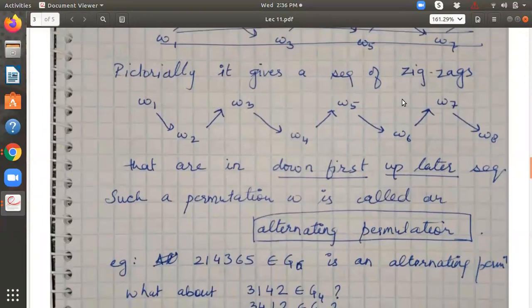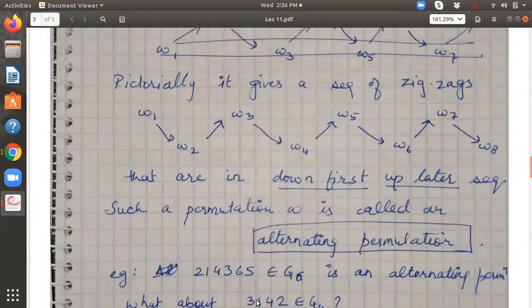If I talk about this 3142 in G4, can you tell me what kind of a permutation this is? It's alternating. Why? Because this element is bigger than this, which is smaller than this, which is bigger than this. So first of all, it's a zigzag. And what kind of a zigzag was it? It was down first. Therefore, it's an alternating permutation.